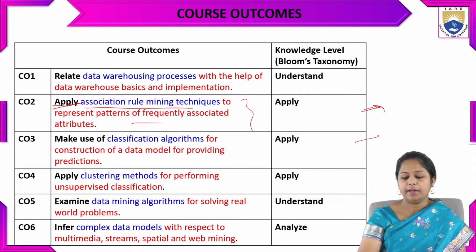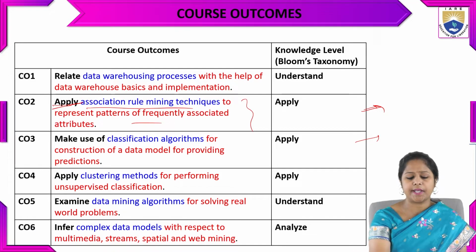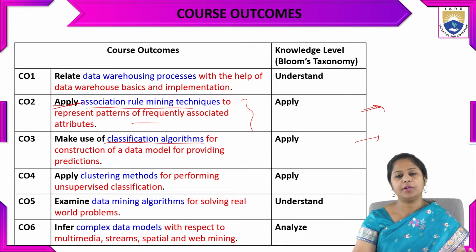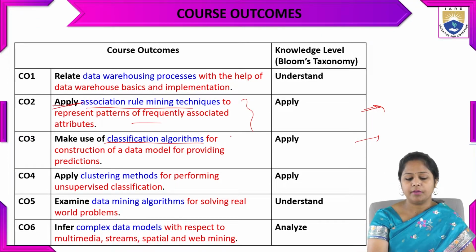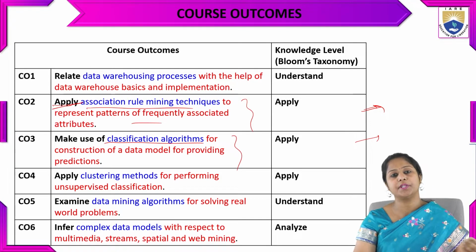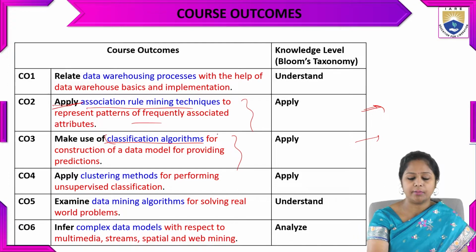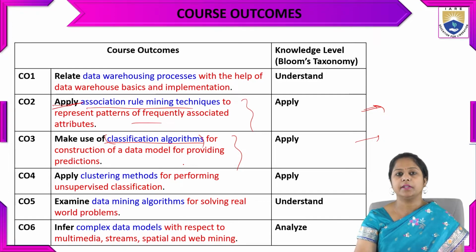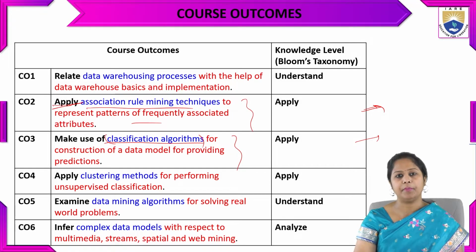For CO3, the student is going to use classification algorithms. He is going to apply some classification algorithms for construction of a data model, for providing predictions, what the future predictions will be. So on the basis of classification algorithms on the data warehouse, the student will be able to apply them and find the future predictions.